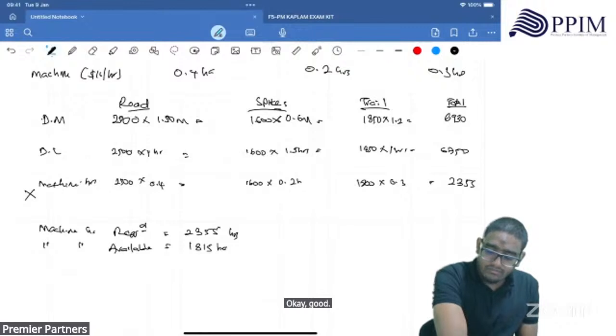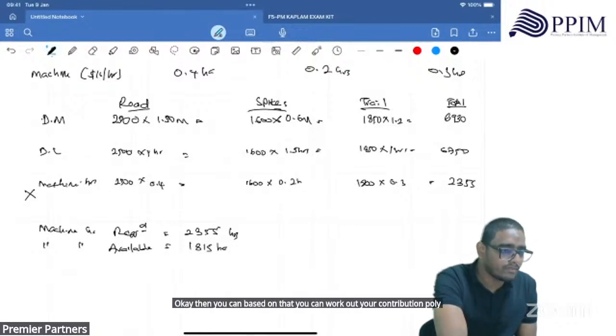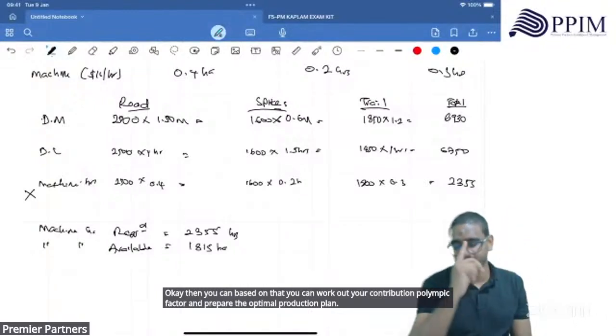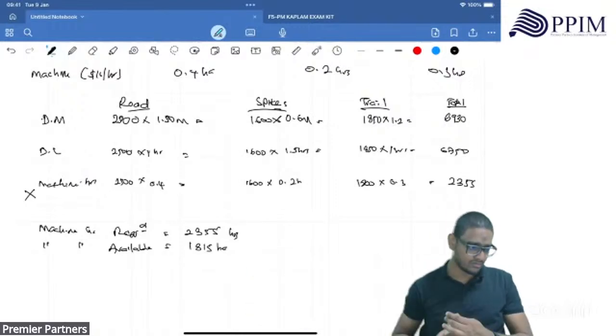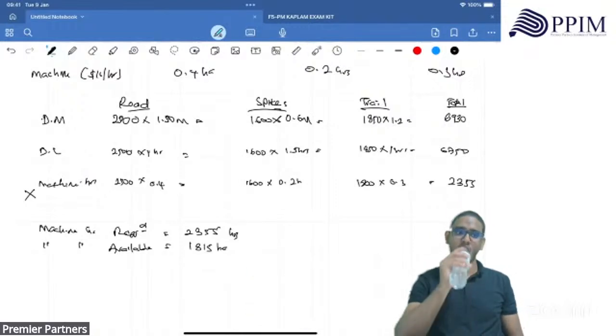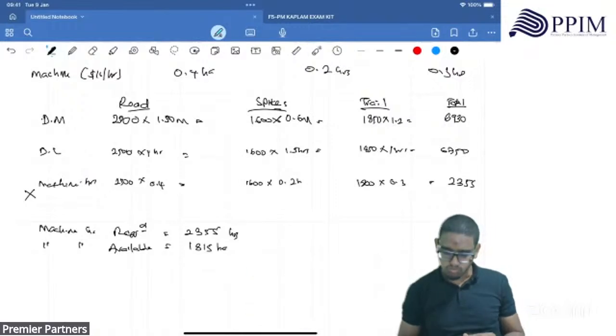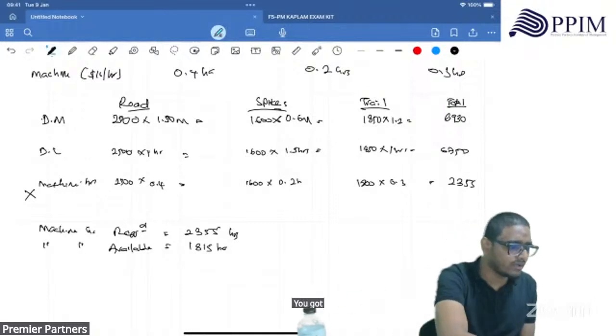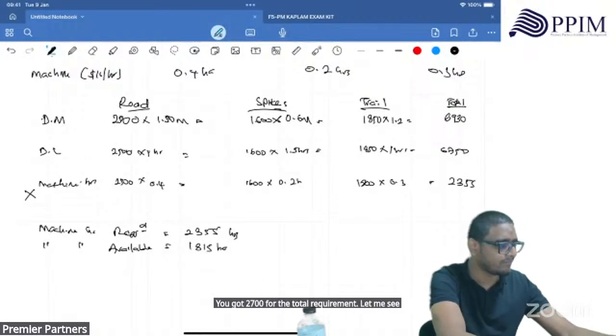Okay, then based on that, you can work out your contribution per limiting factor and prepare the optimum production plan. Okay, Salma, correct. Machine hours is the limiting factor. You got 2,700 for the total requirement. Let me see. I'll do the calculation.